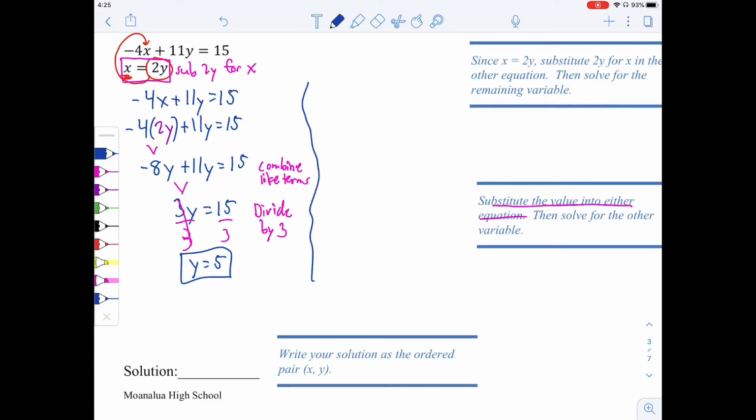Let's make some space here. So x equals 2y. So we know our y value is 5. So we're going to substitute that into our equation, right? So y value is now 5. So we have x equals 2 times 5. So x is equal to 10.